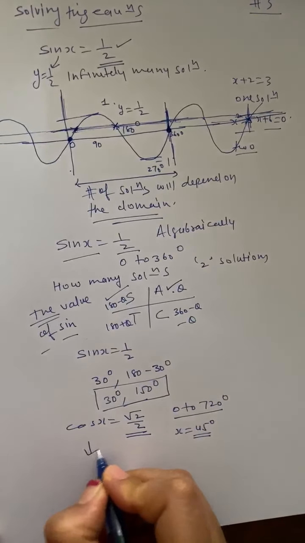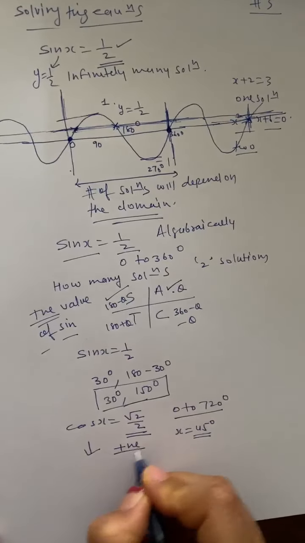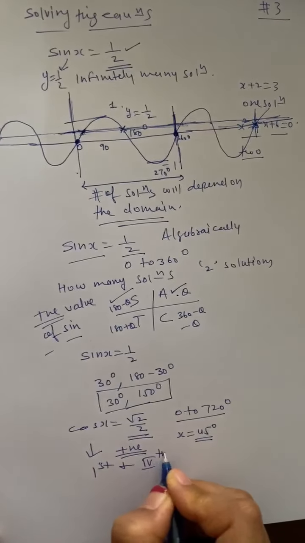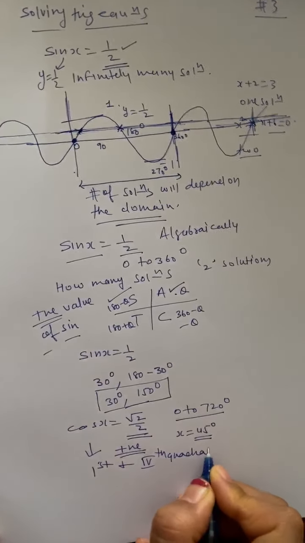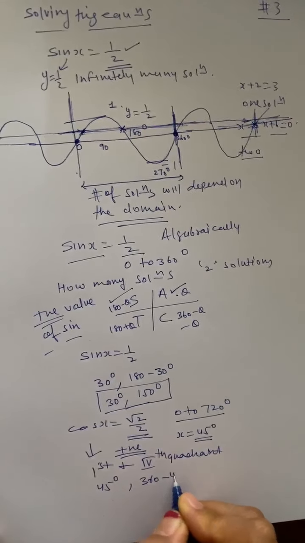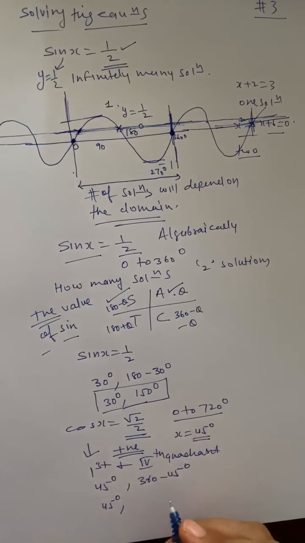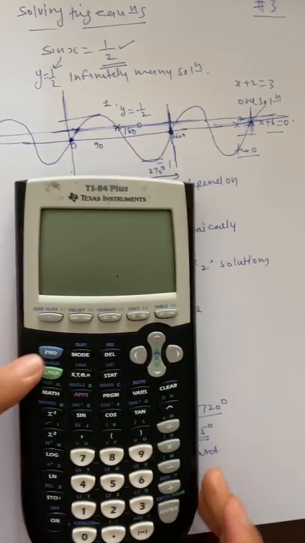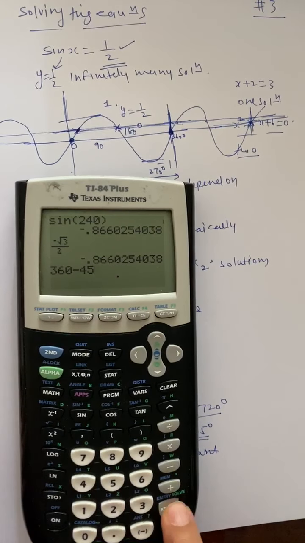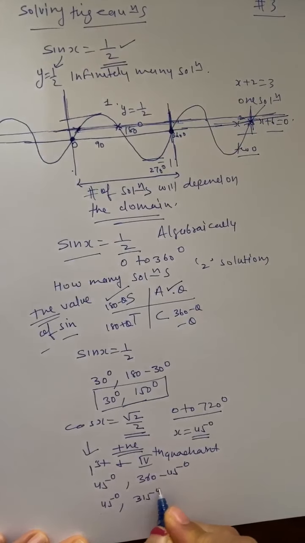So what are we going to do here is, cos x is positive, which means it's going to be in the first and fourth quadrant. In the first quadrant, the value will be 45 degrees. In the fourth quadrant, it's going to be 360 minus 45. So the answer you get here is 360 minus 45, and you got 315 degrees.